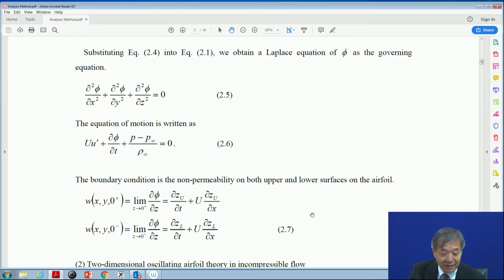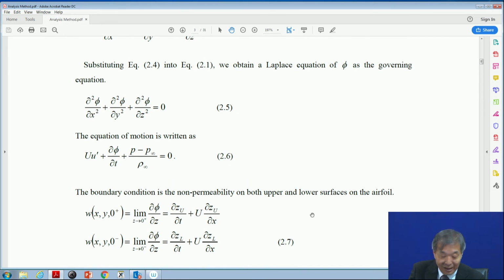So this is a general framework. We can solve equation 2.5 with this boundary condition. If we can do that, we can obtain the flow field perturbation parameters by the framework of this theory.